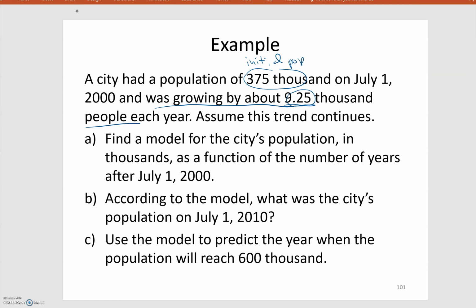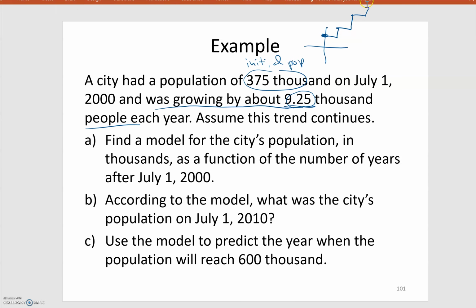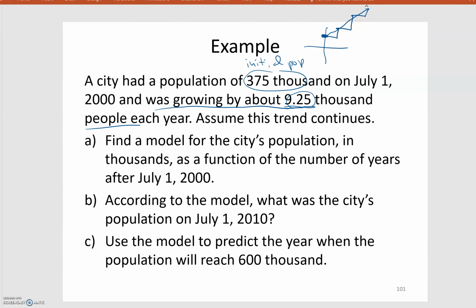This means every year we gain that same amount, 9.25 thousand. So if I start off at 375, I go 1 year over, 9.25 up, 1 year over, 9.25 up, 1 year over, 9.25 up, and then connecting the dots, you've got a line. So this is a linear function.